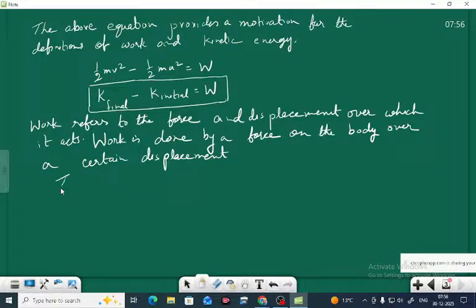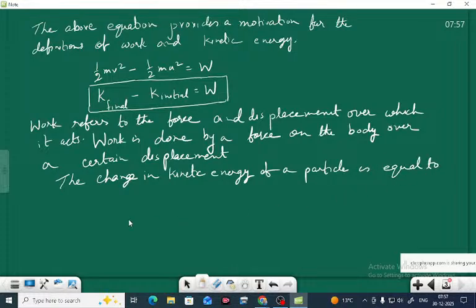So the result is that the change in kinetic energy of a particle is equal to the work done on it by the net force. This is what we call the work energy theorem.